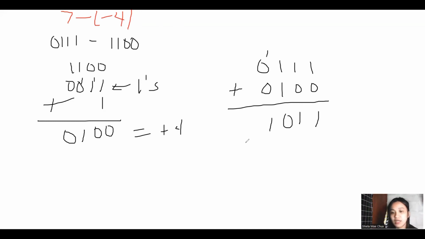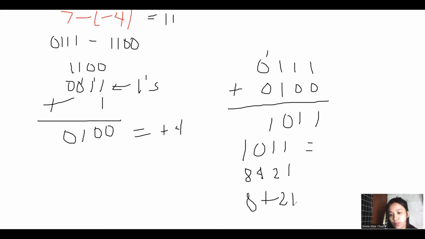So you need to check if 1, 0, 1, 1 is equal to the subtraction of 7 minus -4. So basically 7 minus -4 is 11. So if it's 1, 2, 4, and 8, 8 plus 2 plus 1 is equal to 11. So we have the correct answer.